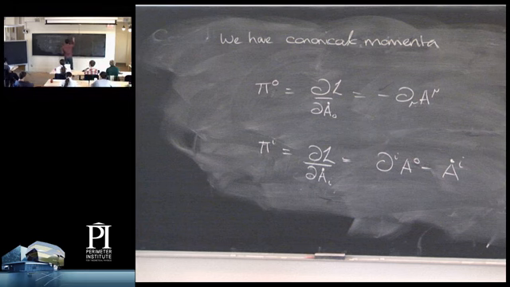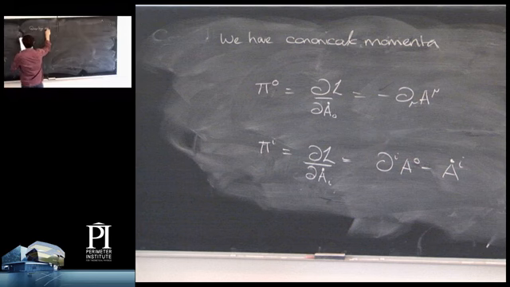Okay, what do we do now? We quantize. That just means we impose canonical commutation relations.